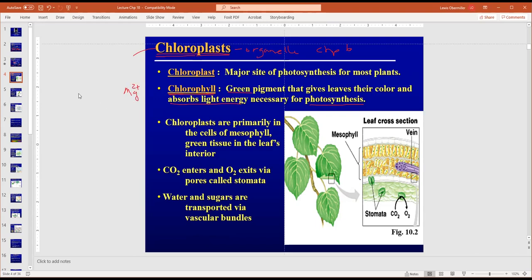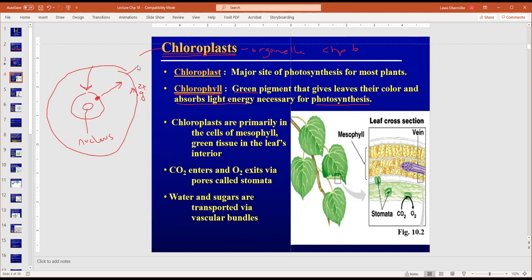And do you guys remember from chapter 2, whenever we put energy on an atom, what happens to the electrons? So in chapter 2, we talked about when we put light energy on an atom, it excites the electrons and they go to a higher energy level. So they move away from the nucleus. And the more energy we put in, the further away they go.